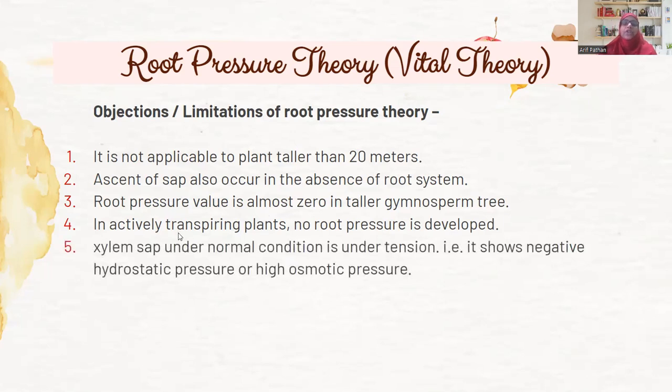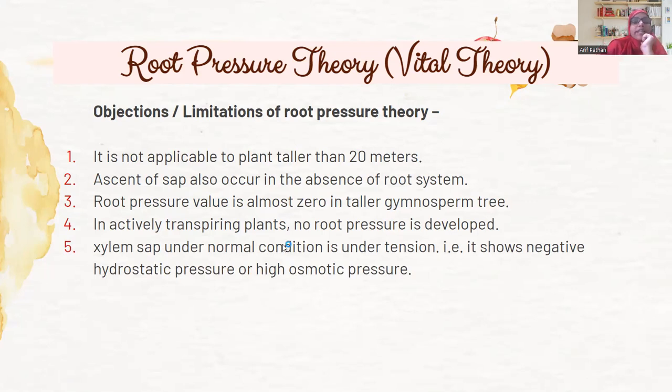Usually the juice when we cut the stem is under tension under normal conditions, so it shows negative hydrostatic pressure or high osmotic pressure. That is, it is in need of water all the time.